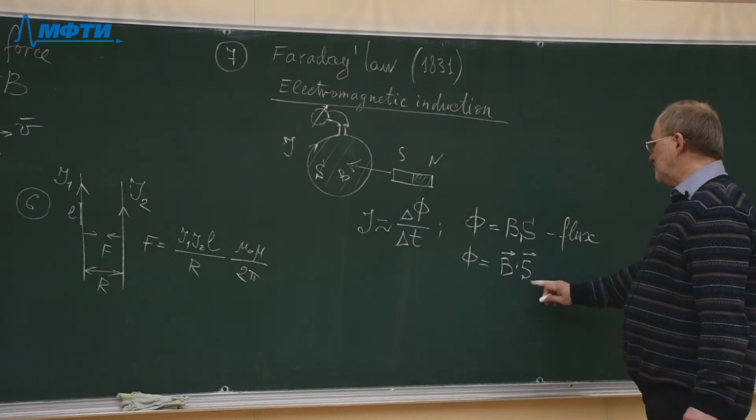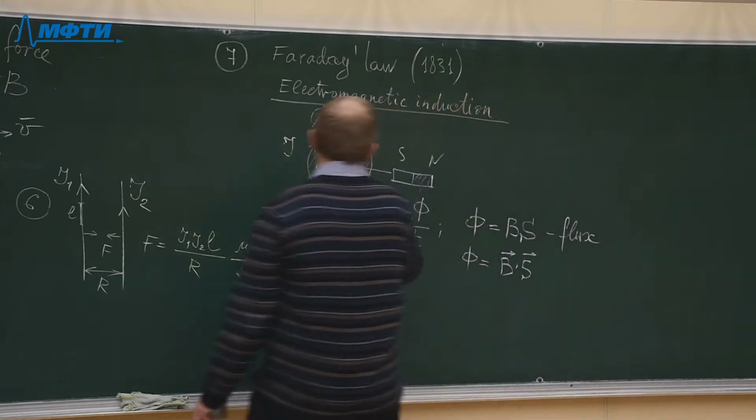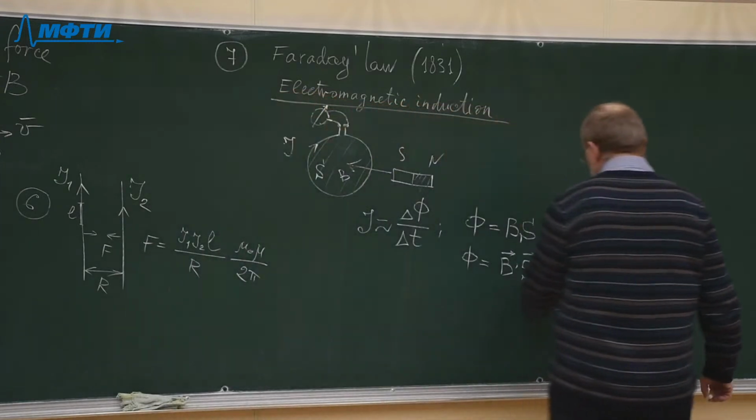The vector of magnetic field induction shows the direction and magnitude of magnetic field in a given point. And what is the vector of the area? The vector of the area is directed perpendicularly to the area. That is in simple words.